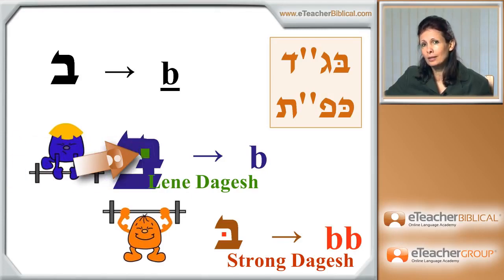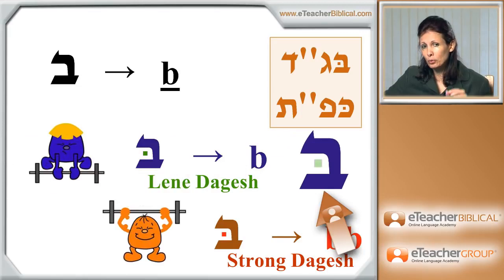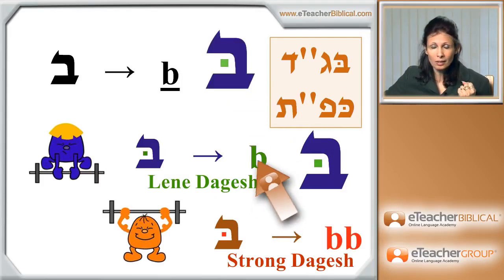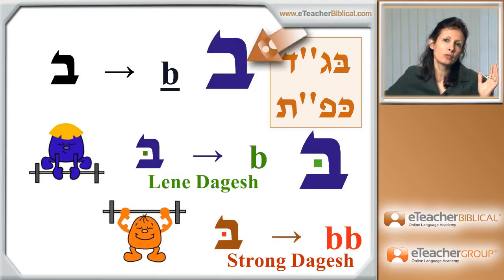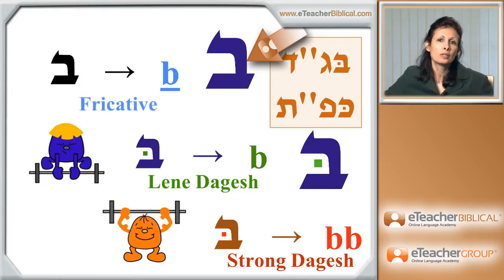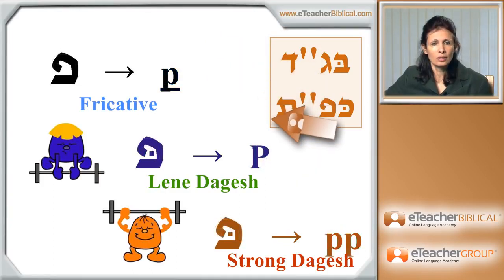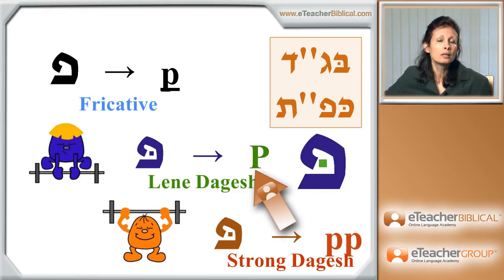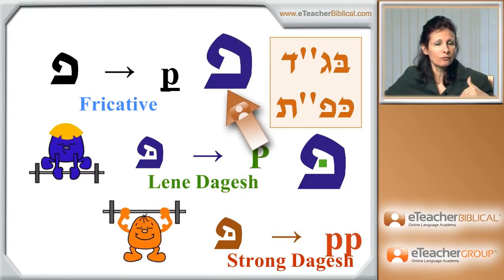Let's say I take the letter Bet and I put a Dagesh inside, it would make the pronunciation B, B. What happens if I take the Dagesh out? The pronunciation now is going to be V. So fricative, you can keep on saying V. Another letter that can demonstrate this situation is, let's take the letter P. If you put a Dagesh in this letter, it's going to sound as P. Take the Dagesh out, it's going to be fricative now.